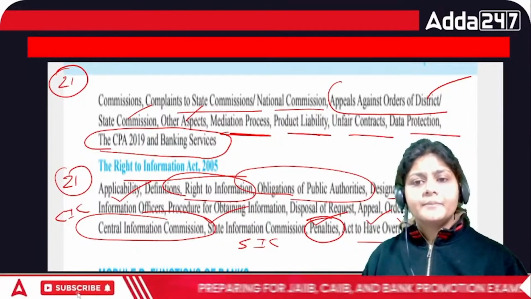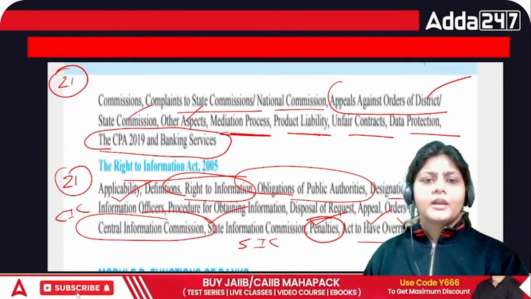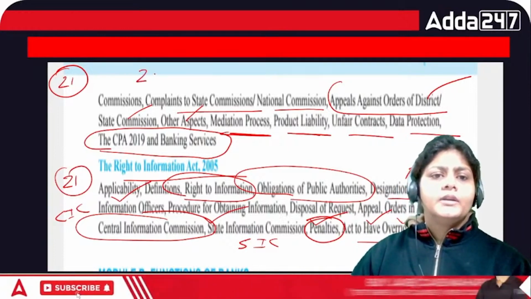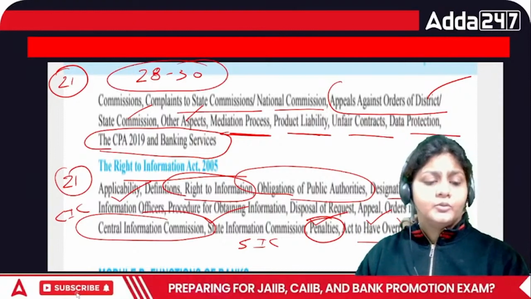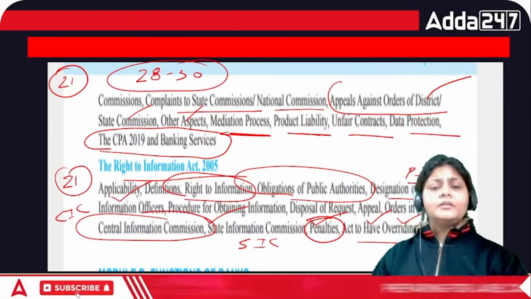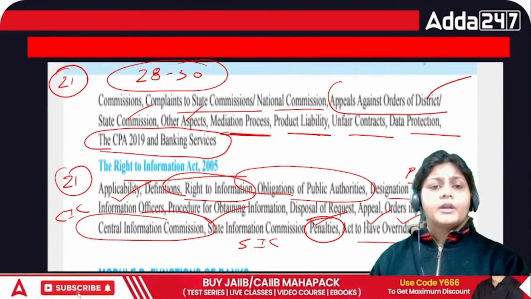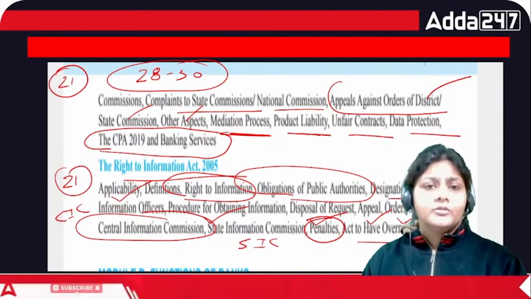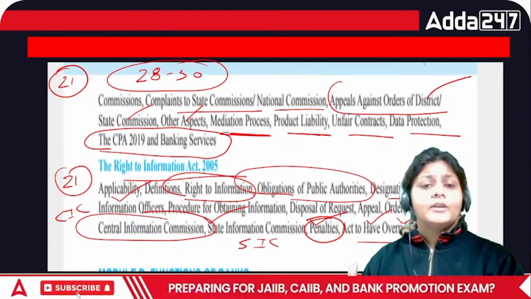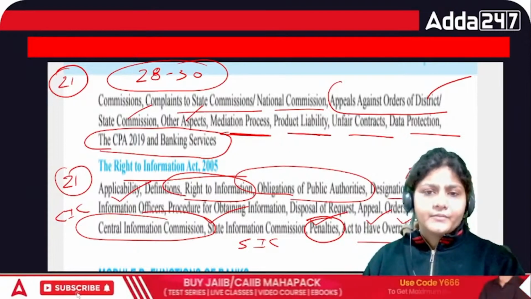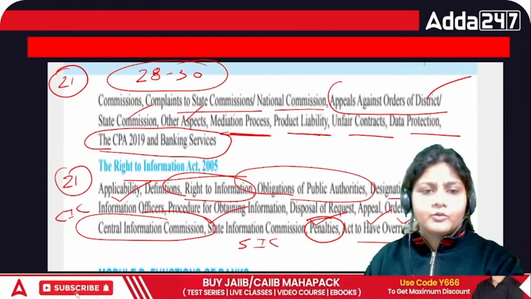Total 21 chapters. So approximately the weightage you are having is around 28 to 30 marks. Of course it is having a very huge weightage, and even you can relate whatever you are going to cover in this module with your day-to-day banking, right? RTI Act, of course we have to cover.